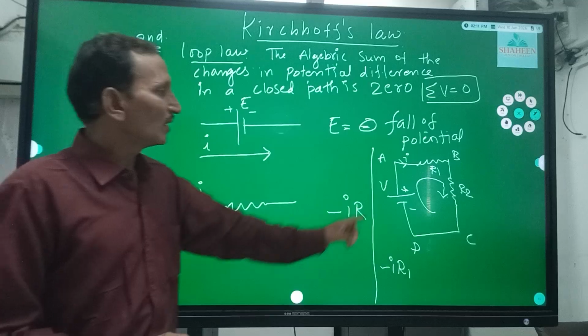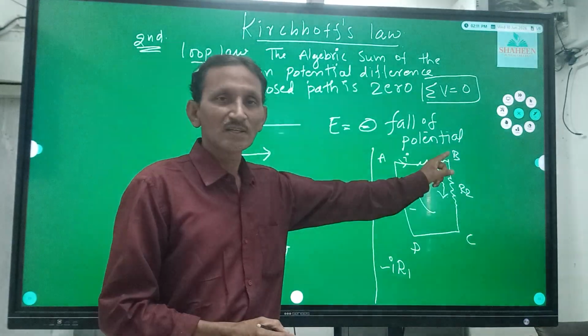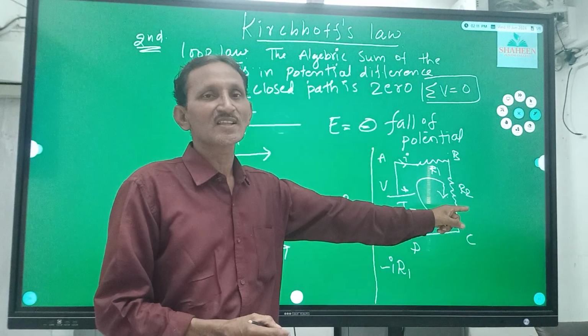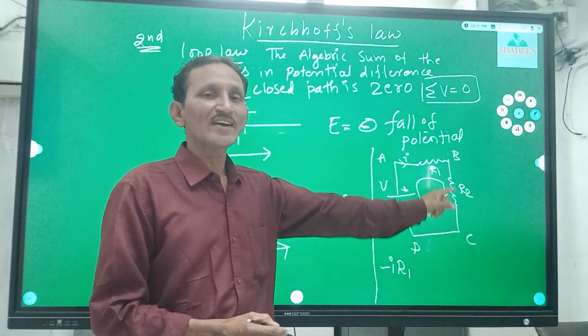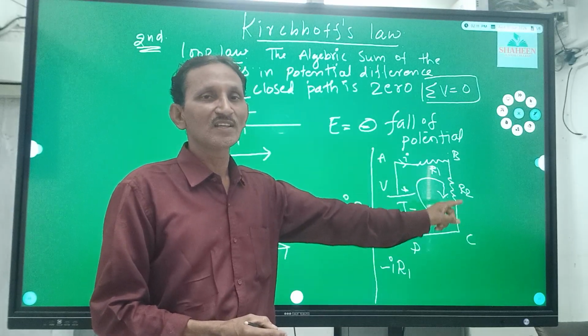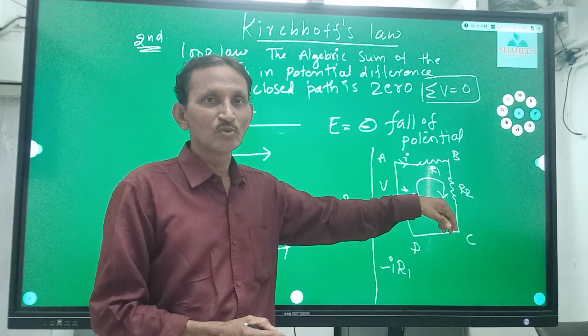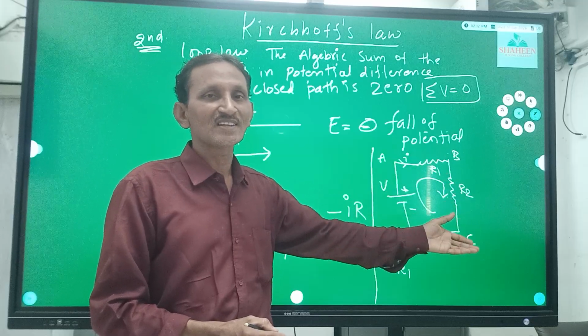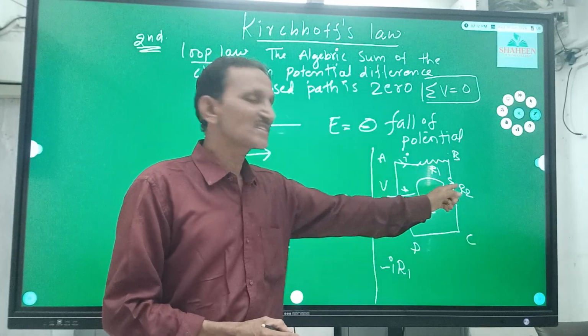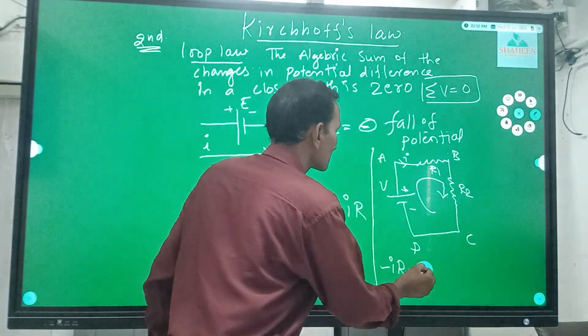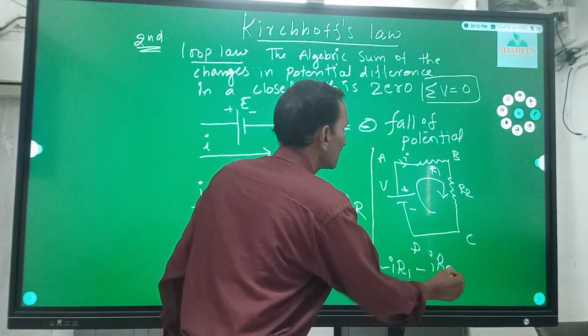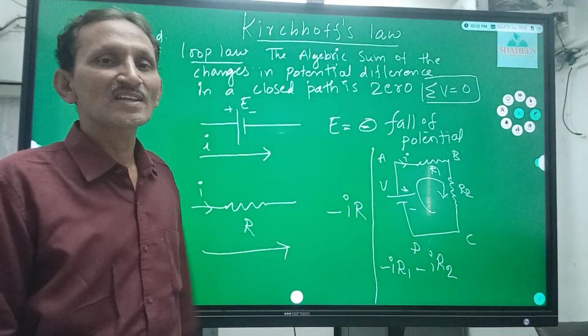Now when you come across BC, one more resistor is there, the R2 resistor. When the path travelled by you and the current are in the same direction, take negative. So current and the second resistor give minus I R2.